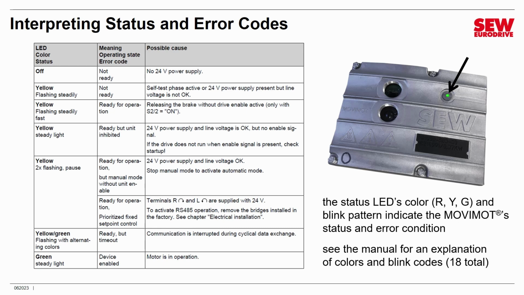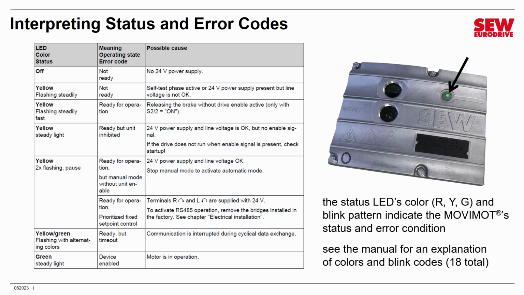When you power up a MOVIMOT, what will happen, assuming everything is okay with the MOVIMOT, is that the light will first of all turn on. It will be red initially, which means that the MOVIMOT isn't ready to run. It will then change to yellow, which indicates that it is now ready to run but is not yet enabled. Now, if you're in binary mode and you activate either the clockwise or counterclockwise digital input, the light will turn green and the drive will begin to operate.